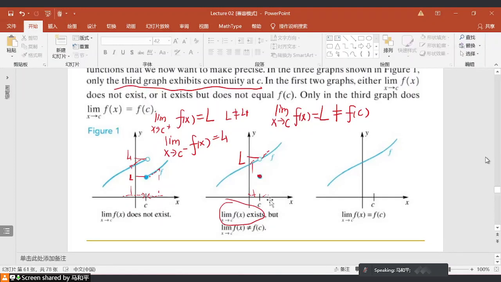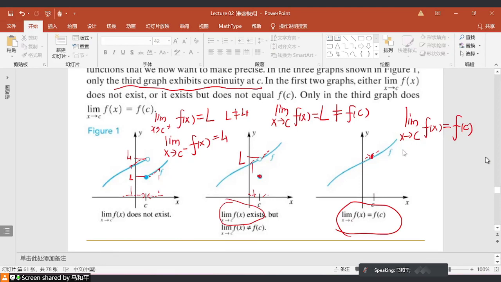Now, discontinuous. And the last graph, from the graph we know y = f(x) goes on without abrupt changes. And we find the limit as x approaches C of f(x) is f(C), right?